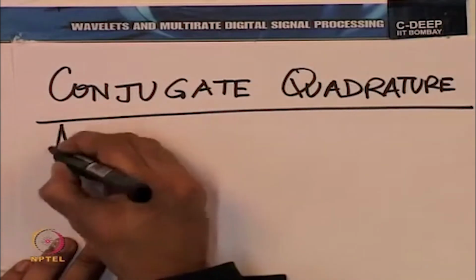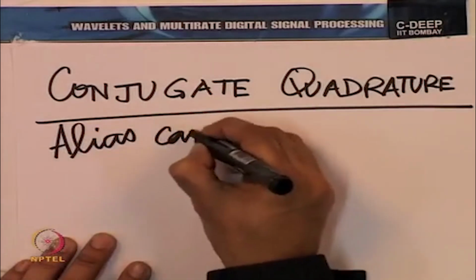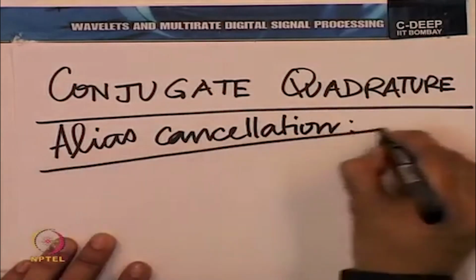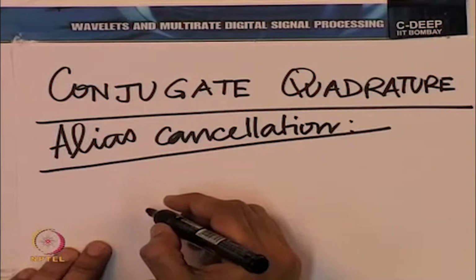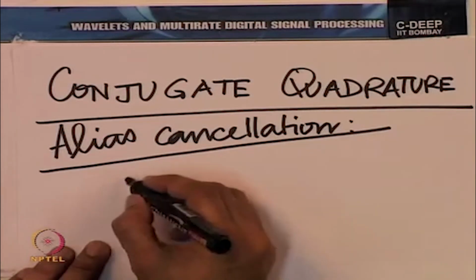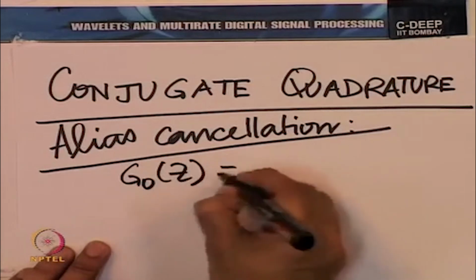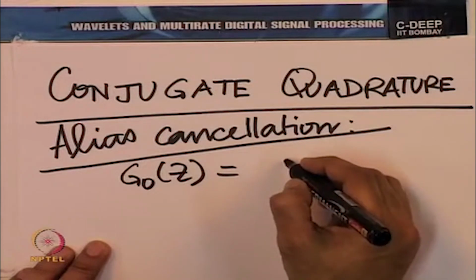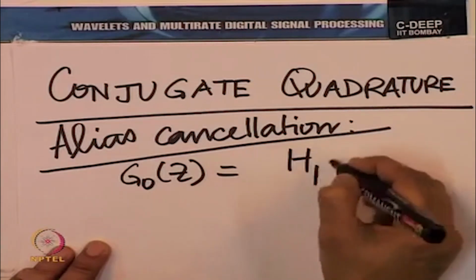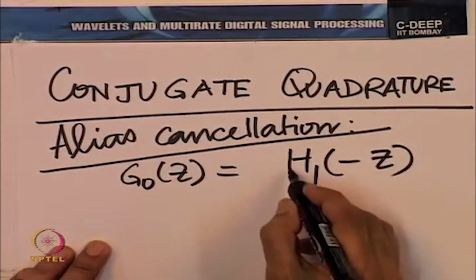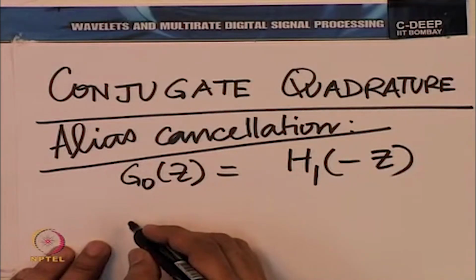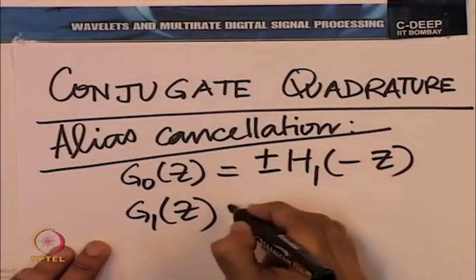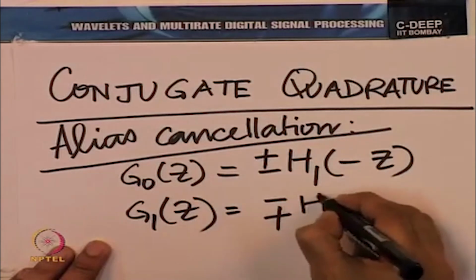We start from the alias cancellation condition. The alias cancellation condition says G 0 z needs to be essentially H 1 of minus z. And we have the freedom to put plus or minus here. Similarly, G 1 z needs to be correspondingly minus or plus H 0 minus z.